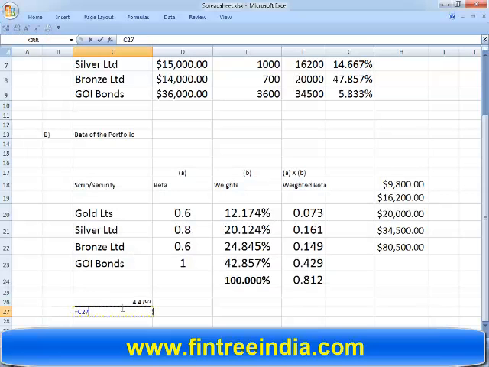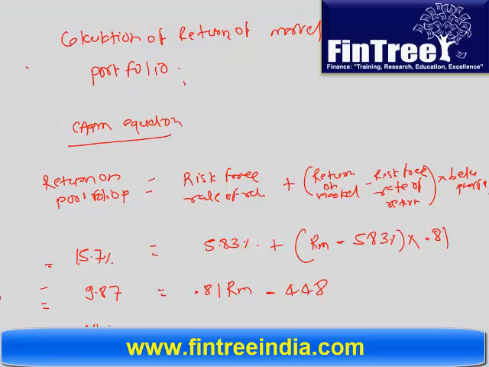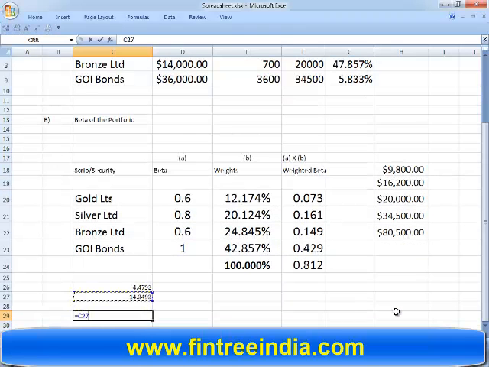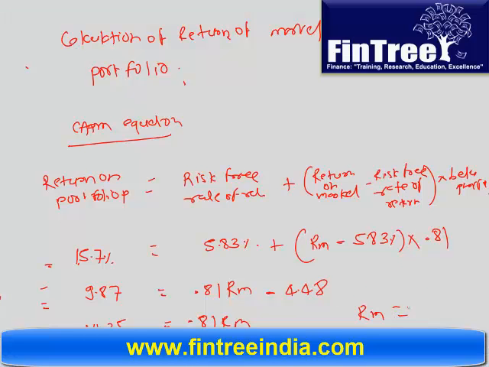So this number plus 9.87, 14.35 is equal to 0.81 RM, and therefore return on market is equal to 17.72%.